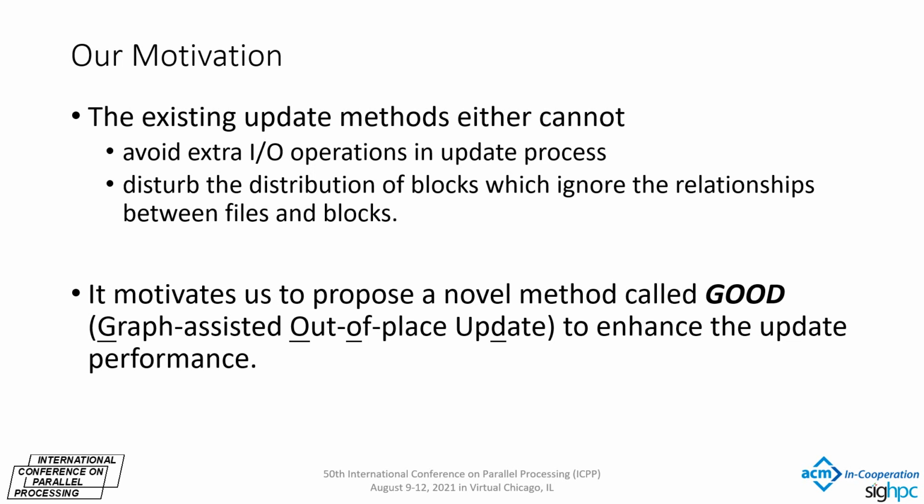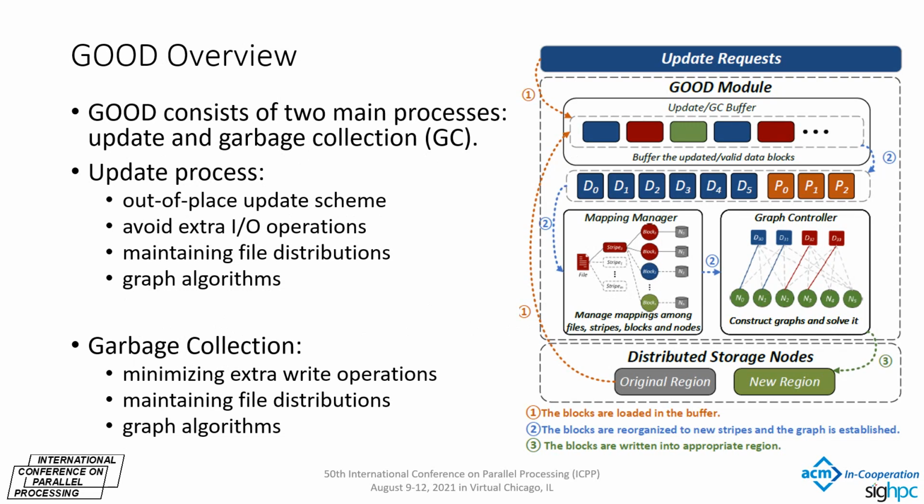It motivates us to propose a novel method called GOOD to enhance the update performance. GOOD consists of 2 main processes, update and garbage collection. GOOD adopts an auto-place update scheme to avoid extra I/O operations. Moreover, we introduce graph algorithms to minimize the performance degradation caused by possible destruction of the distribution of file blocks.